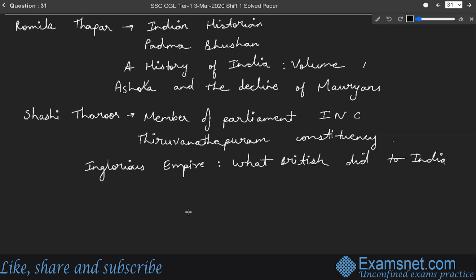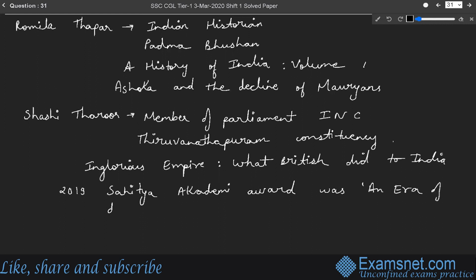And also in the year 2019, the Sahitya Akademi Award was accorded to An Era of Darkness: The British Empire in India.